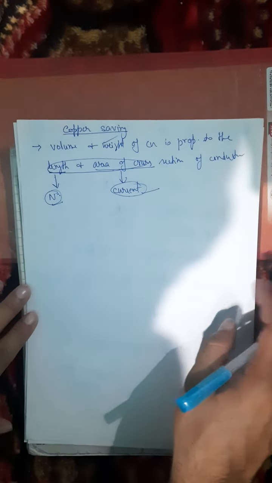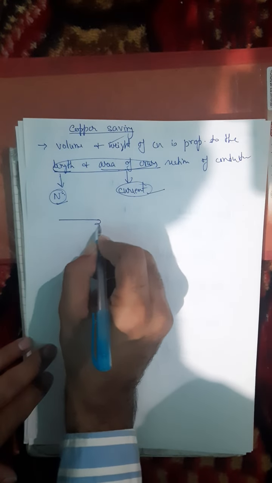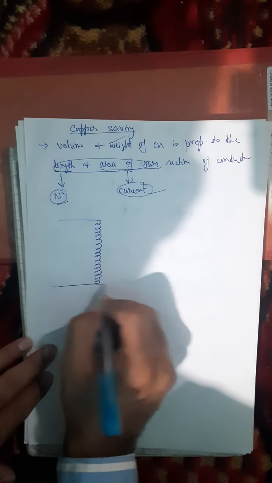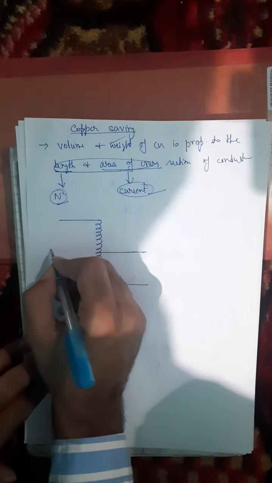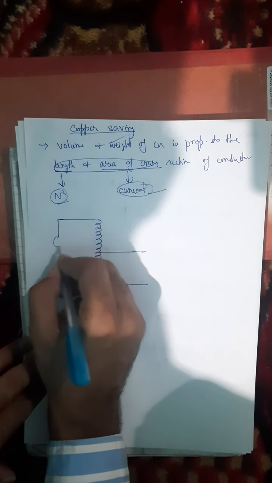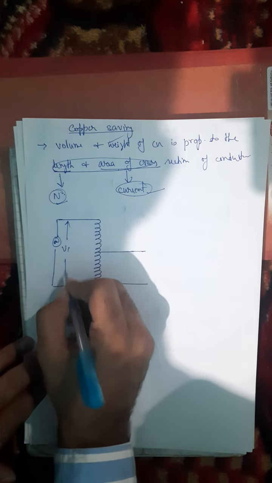Okay, so now with reference to this, I will make two figures first. One is an auto transformer and another one will be a normal transformer. So first let me draw a figure for it. This is my auto transformer. Here the voltage is V1.